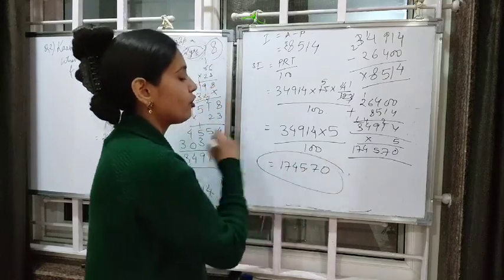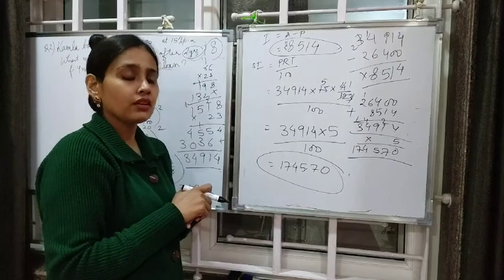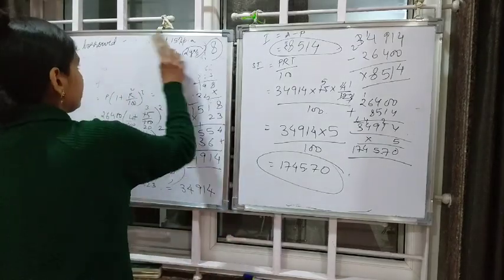So this is the interest for 4 months and this is the interest for 2 years.